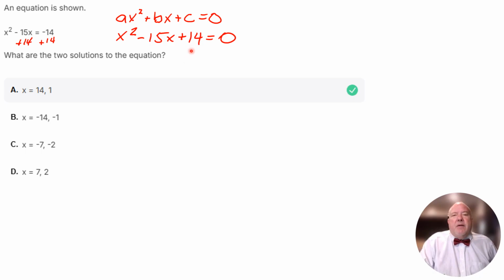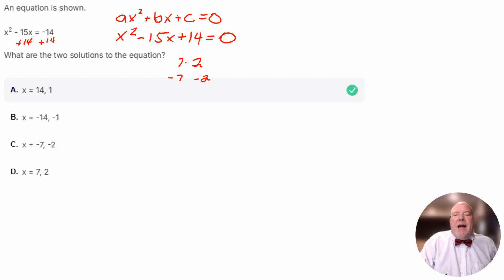So if you think about numbers that multiply to 14, we've got 7 times 2, but if you add those together, you don't get 15. Since this is a positive 14, it's either 7 times 2, or it could also be negative 7 and negative 2, because both of those come out to 14.